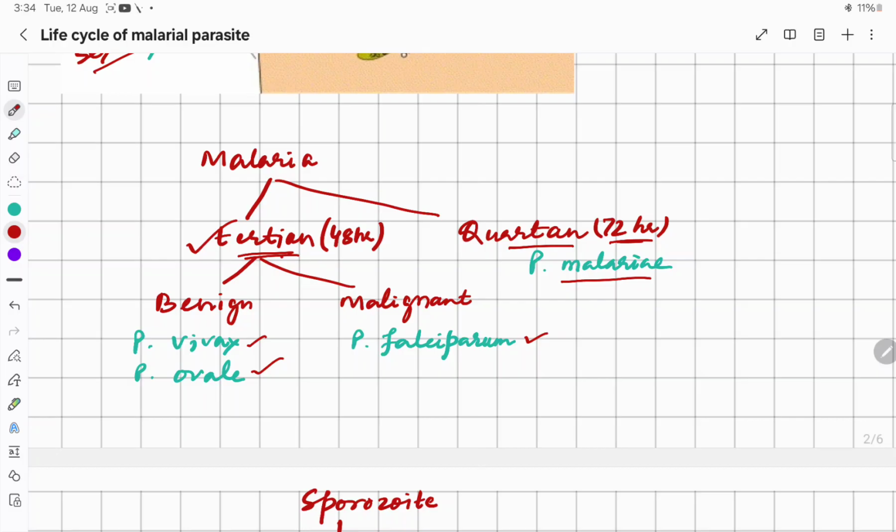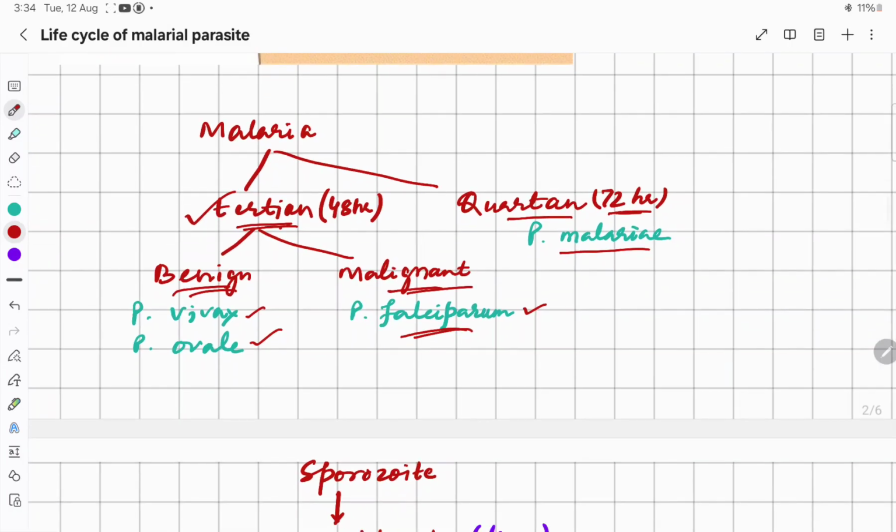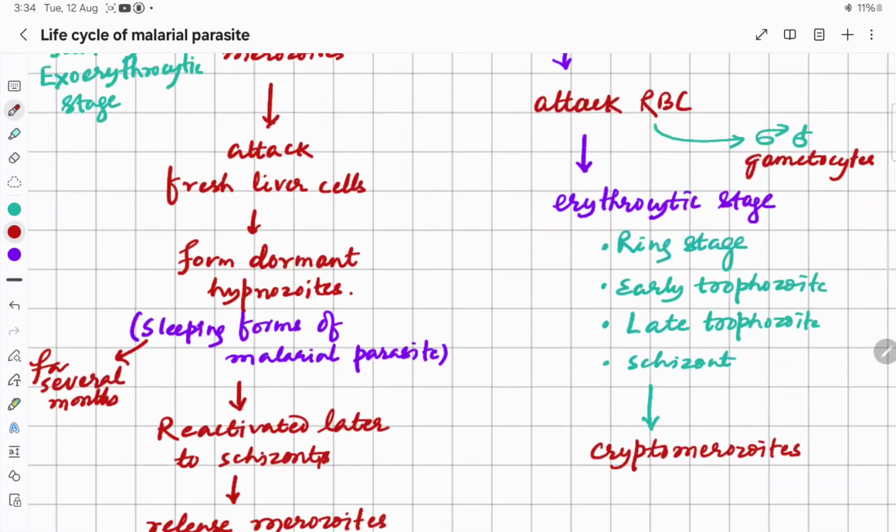The tertian malaria caused by Plasmodium vivax and Plasmodium ovale are benign, not serious, whereas tertian malaria caused by Plasmodium falciparum is a serious one, can be fatal, so it is called malignant. And why is it fatal?